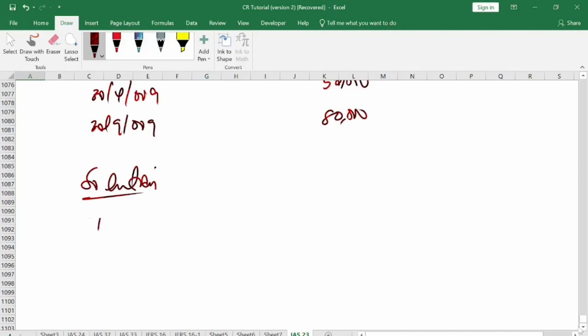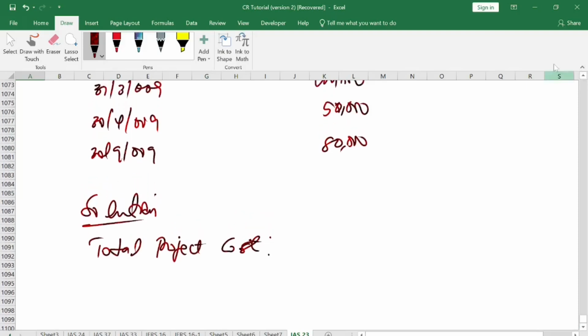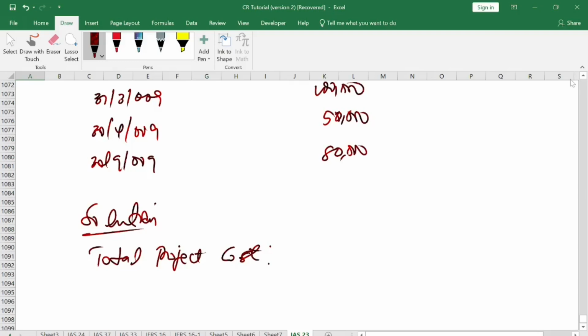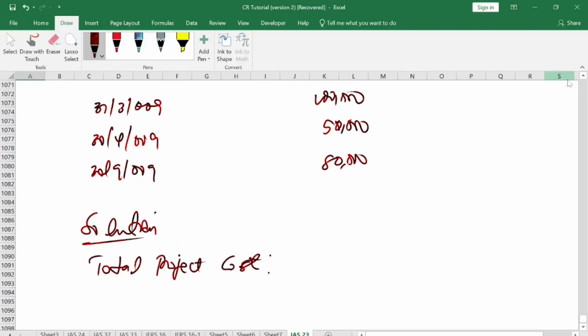So here, you want to know the total project cost, and they are not specific. Look at the expenditure that they made over the period. The total expenditure of the project starts from 100,000 plus 50,000 plus 80,000.